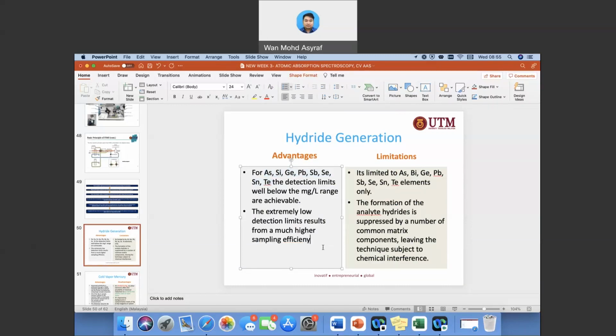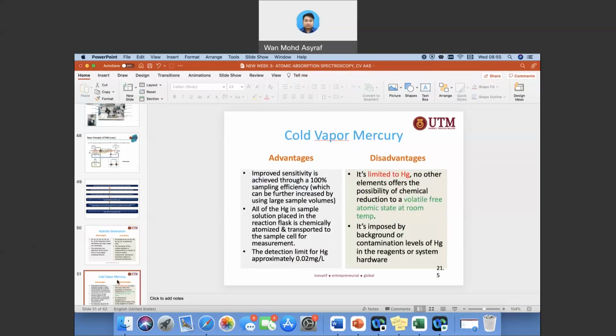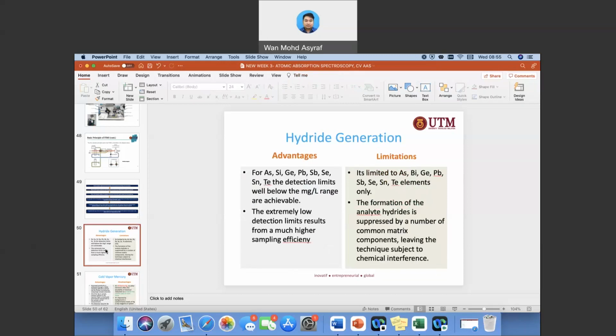So which instrument do you think is good enough? For all of these metals, straight away hydride generation. For cold vapor, straight away Hg, mercury. So when you come up with that table, you don't need to think much, because you have segregated them according to the instrument that is beneficial for each analyte that you are going to analyze.